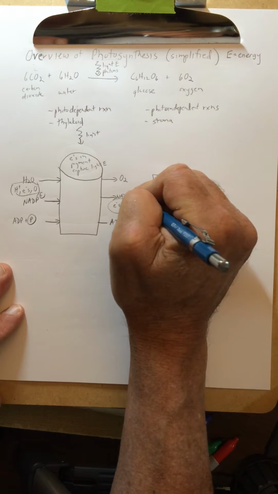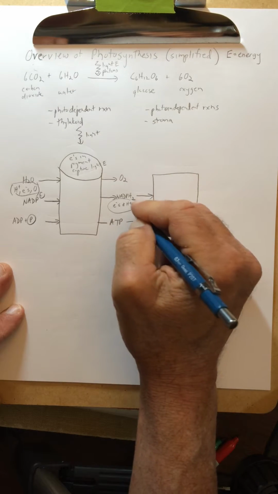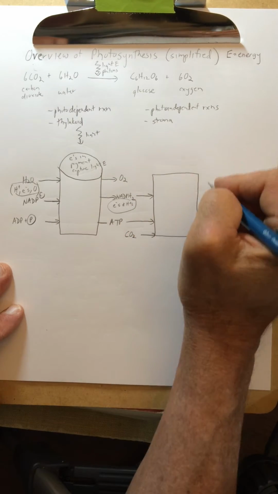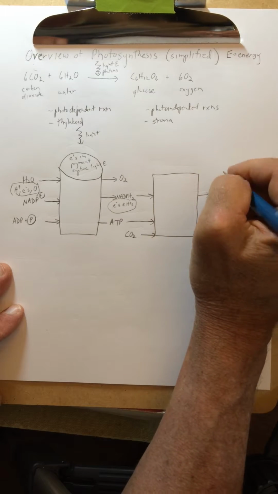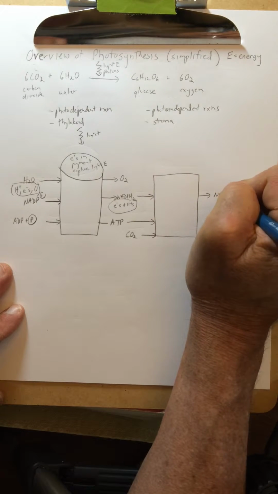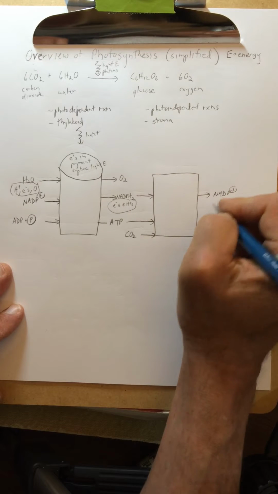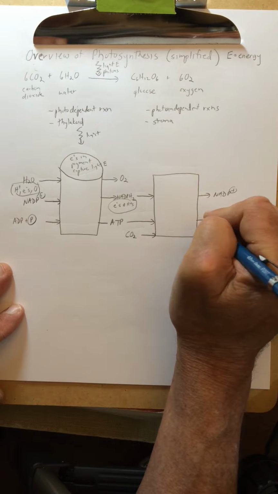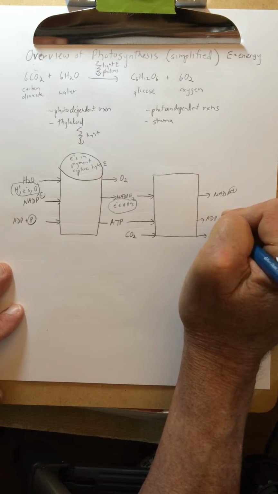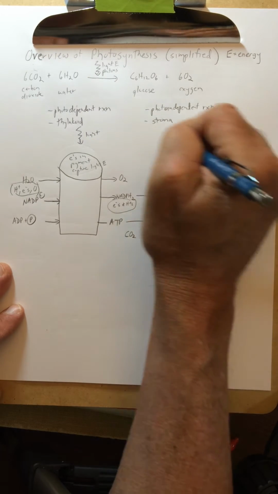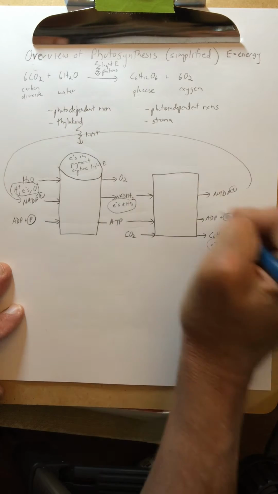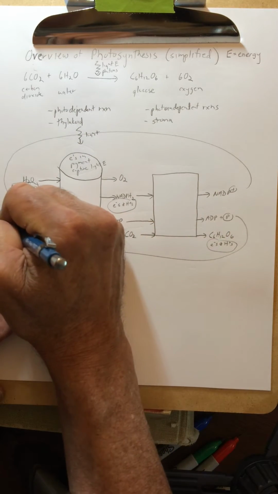So energy is used from NADPH2 and ATP to fix this carbon. And the resulting molecules, again, are NADP and ADP plus phosphate. And then these molecules can be recycled and used again.